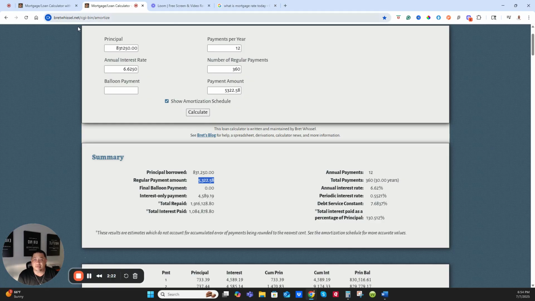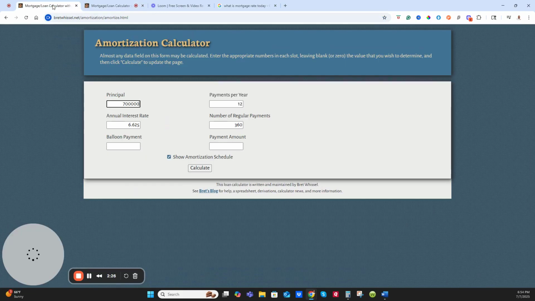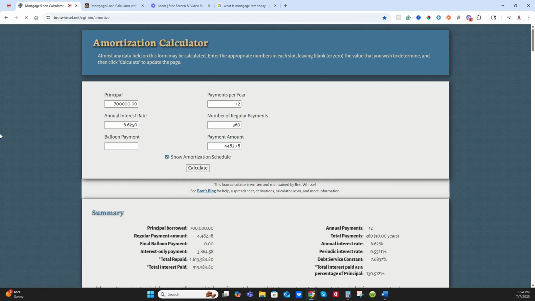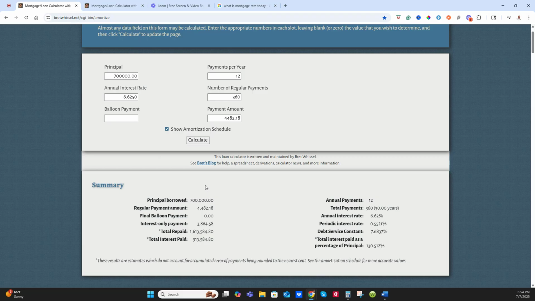Now we're going to go ahead and do the same numbers, and we're going to see what that looks like with 20% down. So again, we have a $700,000 loan, 6.625% interest rate. We're going to click this box to show the amortization schedule and click calculate. So here we are. We're still looking at about the same amount of interest, right?